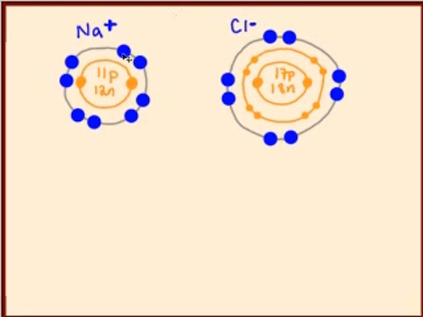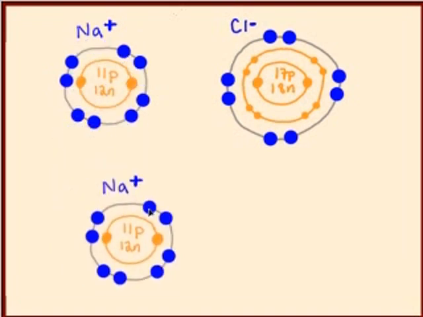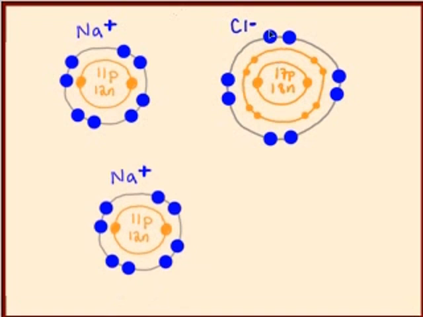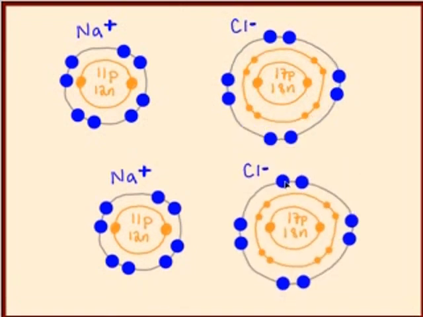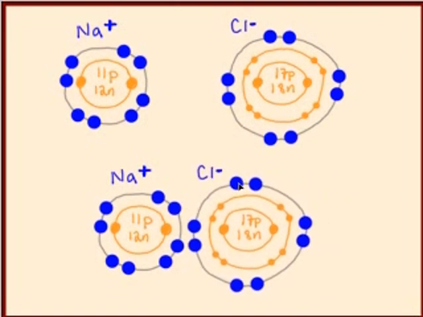The sodium cation and the chloride anion, because they have different charges, are going to be attracted to one another. They're not going to share electrons. They're only attracted to one another due to their different charges.